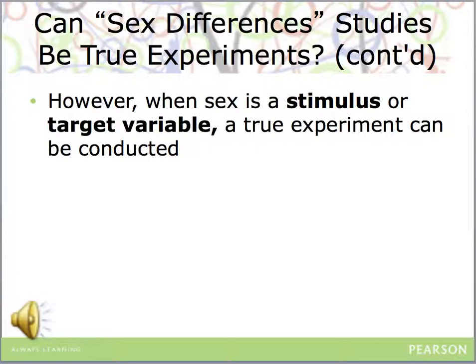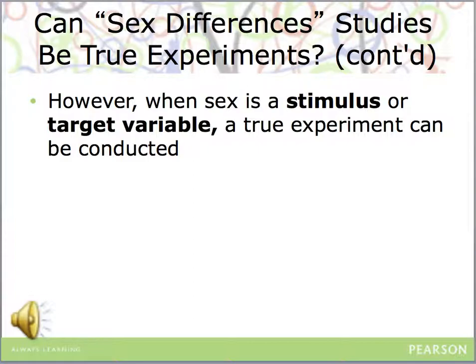So the previous slide was talking about how sex is not something that can be easily manipulated or randomly assigned, so it's not a true independent variable. However, sex can be a stimulus or a target variable in a true experiment. So, for example, a type of experiment that's commonly done in labs like at George Mason would involve sending out identical resumes but manipulating whether the resume has a male or a female name for the applicant.